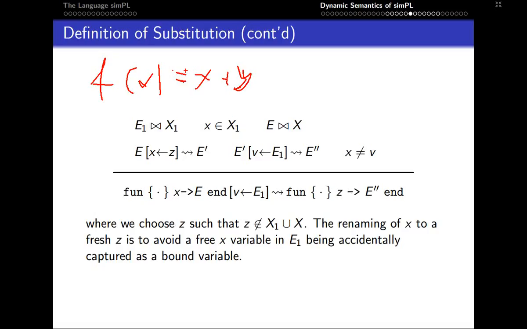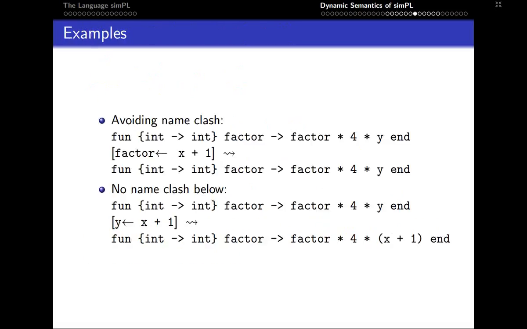There are protections against free variable occurrence inside the substitution, and in the algorithm, we have to take care about that. Okay. So this tries to explain a little bit about name clashes.